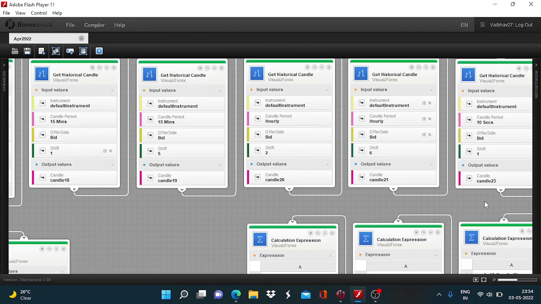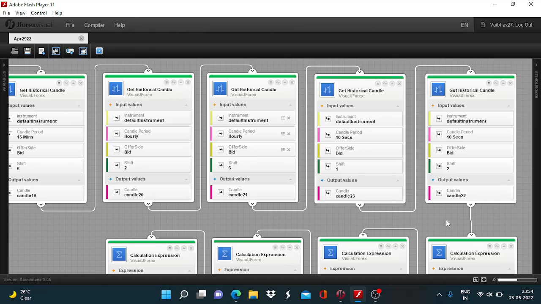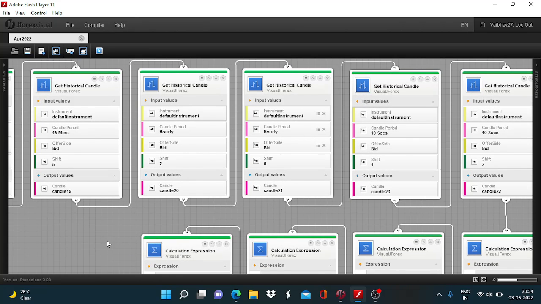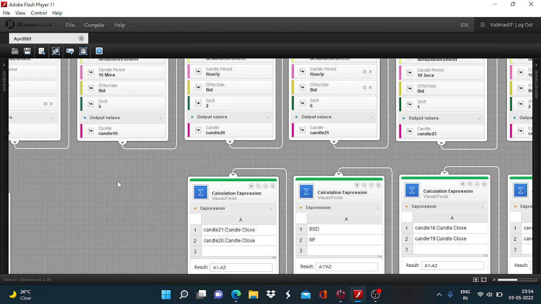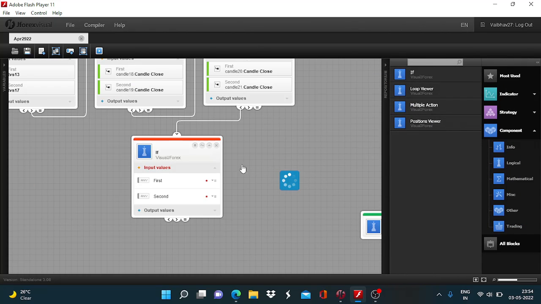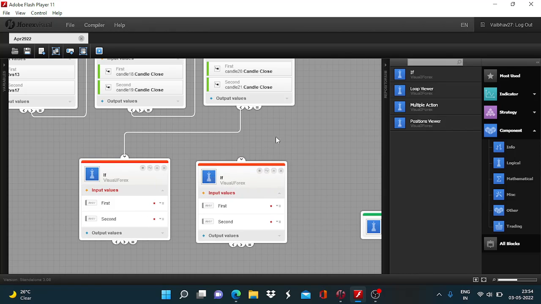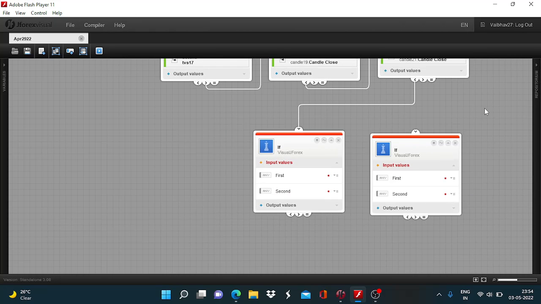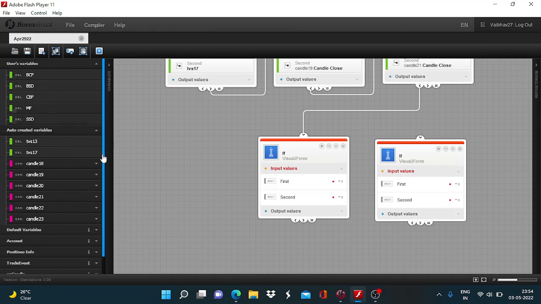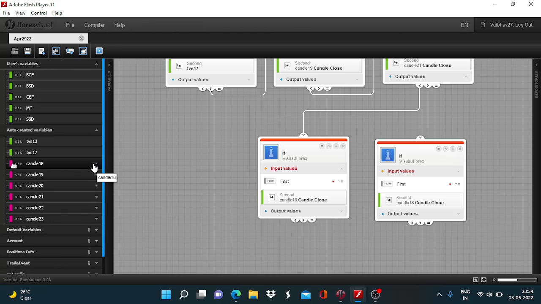So all we have to do is compare the 10-second candle values of this candle 23rd and candle 22nd with the closing value of the last 15-minute candle, which is candle 18. So I need two more of these if blocks. Candle 18 candle close will be the common input for both of these blocks, which we compare to candle 22nd and candle 23rd.